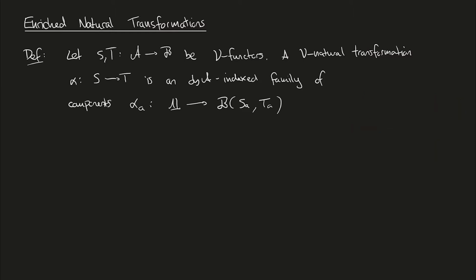This family of components for every object in A is the data for a V-natural transformation, and we need this data to satisfy some properties. Namely, we need one diagram to commute, which is the following.